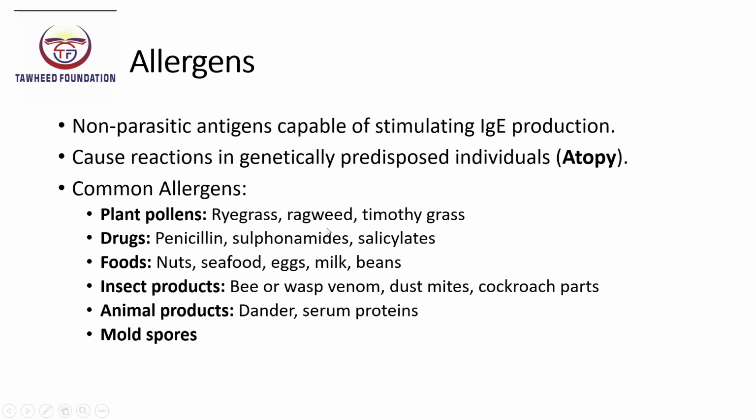The degree of allergenicity is influenced by several factors: the dose of allergen, the route of exposure, the presence of adjuvants, and most importantly, the genetic constitution of the individual.